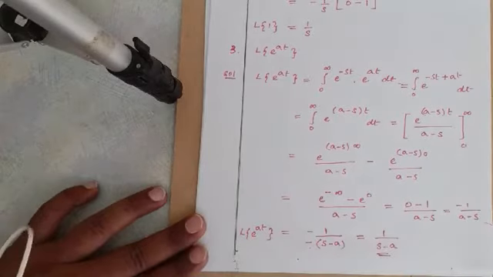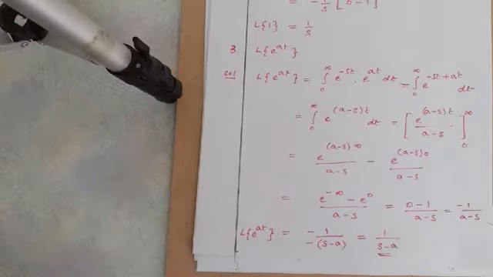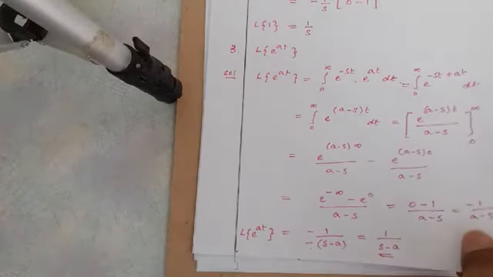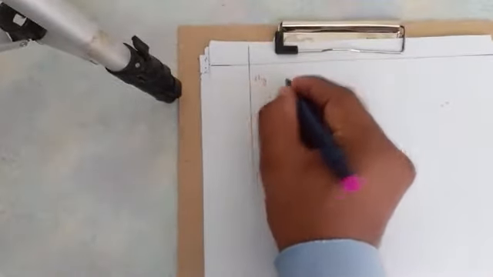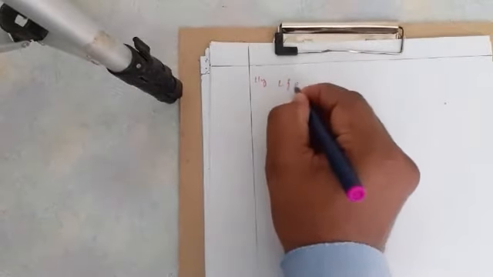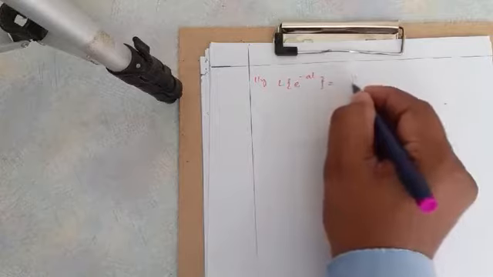So Laplace of e power at is nothing but 1 upon s minus a. In the same way, now we find the next. Similarly we write here Laplace of e power minus at is equal to 1 upon s plus a.